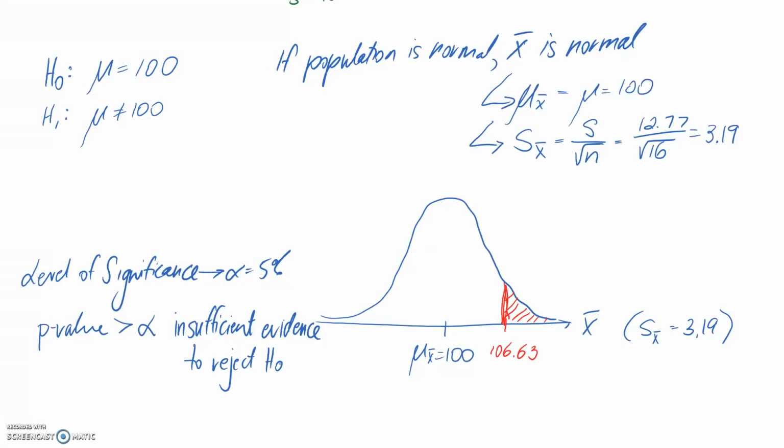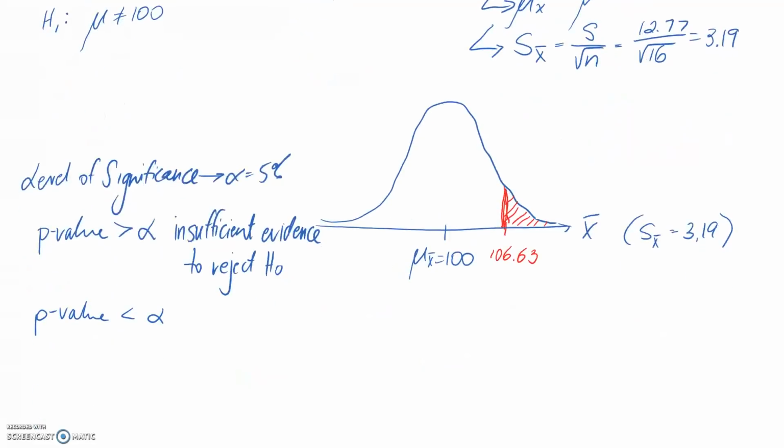It means that this class has really got no statistical significance in terms of being smarter than the rest of the population. However, the other way, if the p-value ends up being less than the alpha value, this is where we get the interesting outcome because we can reject H0 and say, no, actually, we do have a class that is smarter than the average population.